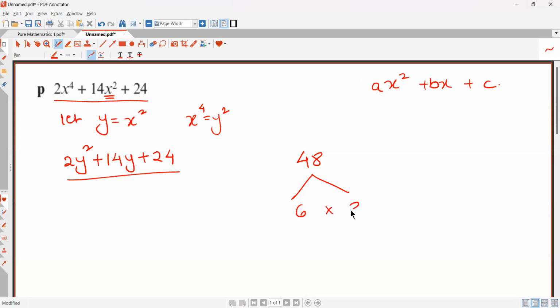And everything is positive here, no negative sign, so it will not be as complicated. Okay, 6 eights are 48. Now, can I write 2y squared plus 6y plus 8y plus 24?